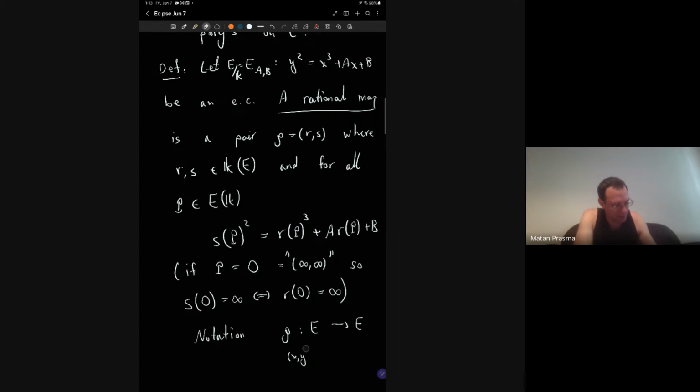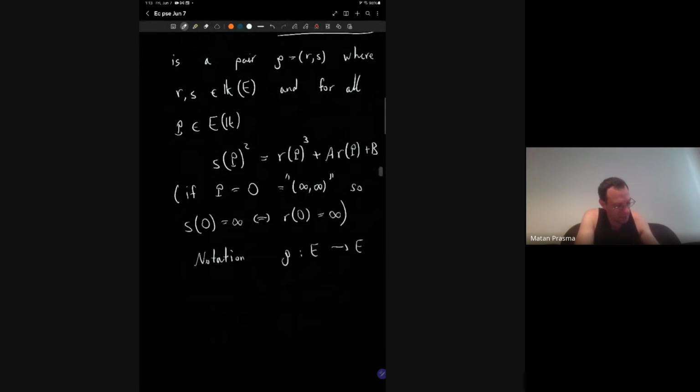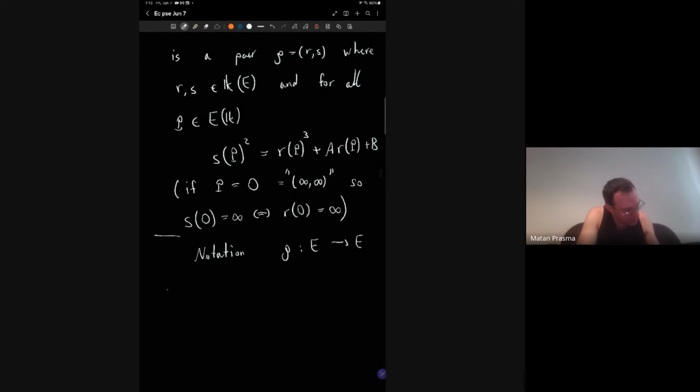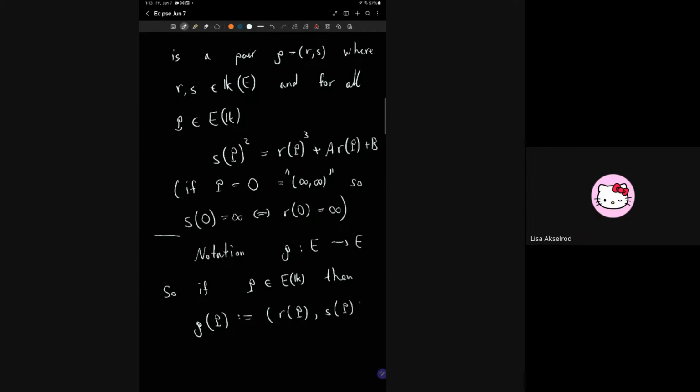And if I want this property, so if P is a point on E of k, then rho of P by definition is (R(P), S(P)). Oh, right. So we map a point on an elliptic curve into a point on an elliptic curve, and the rational function is exactly the map. Yes, exactly.